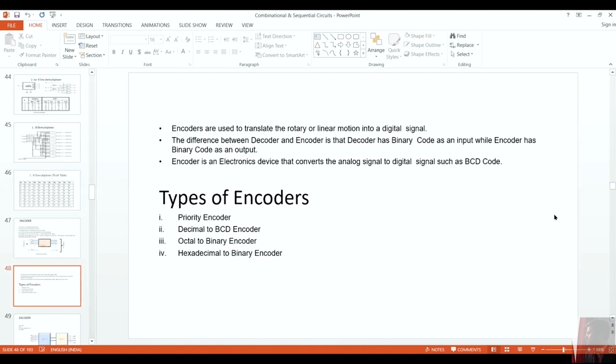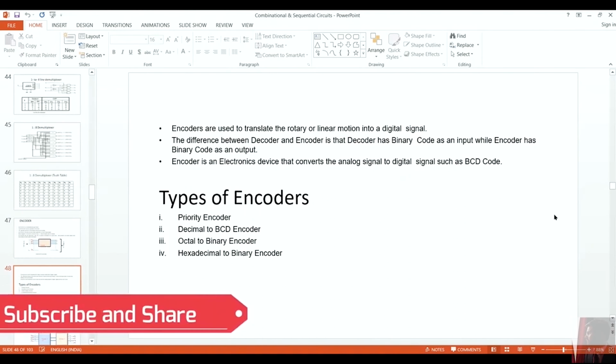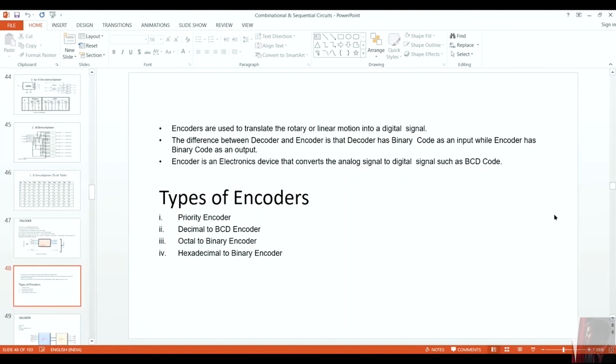So we have decoding, that is decoded binary output, while the encoder has binary code as an output, right? Certain books give this kind of definition: an electronic device which converts an analog signal, the encoder which converts the analog signal to a digital signal. But I'm not emphasizing it more. You will see for yourself what encoding is all about.